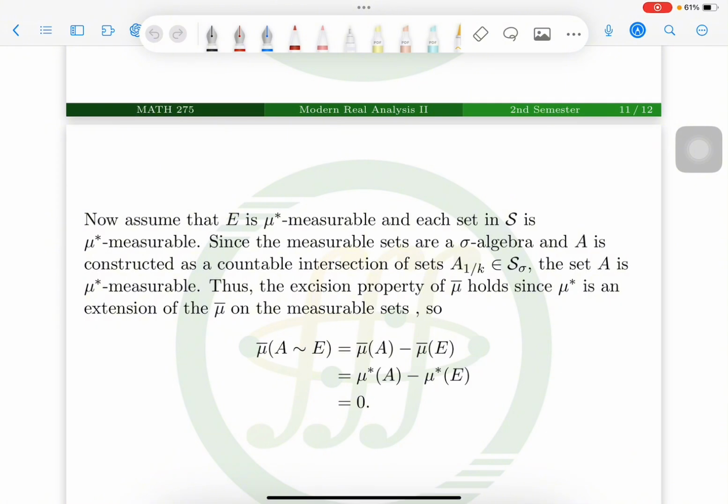Thus, the excision property of mu holds. So, what is the excision property?